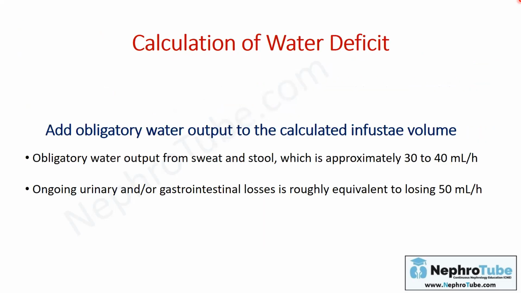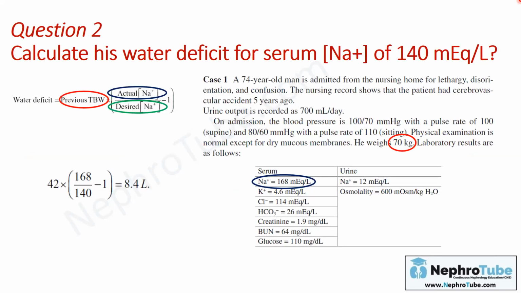An important point to consider: the patient's replacement fluid will not only be the water deficit, because, as I will mention later, you will give this water deficit over a long time, over many hours, even days.